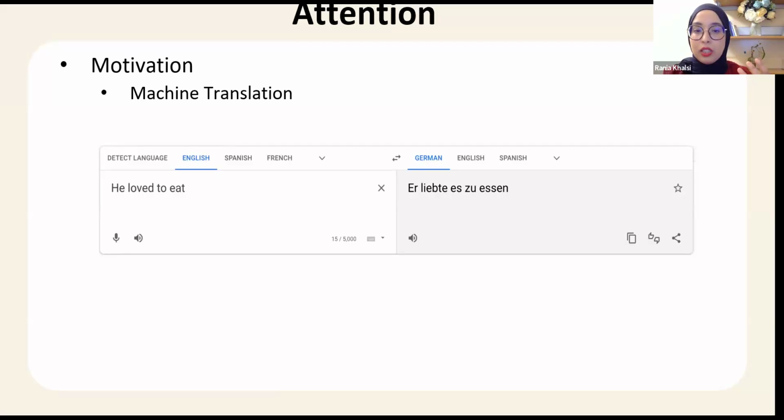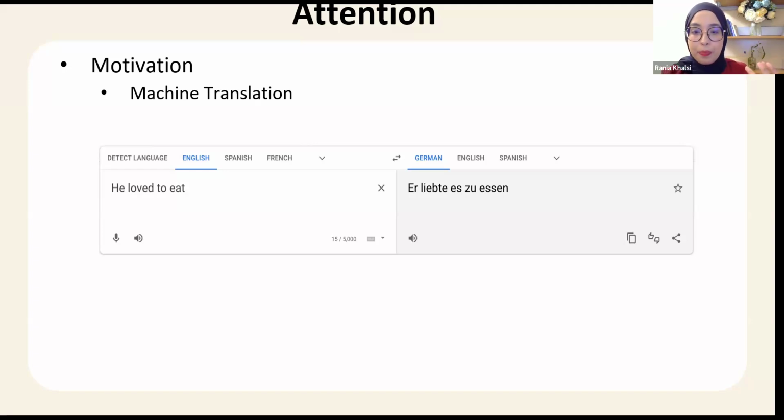In machine translation, the system must generate a sentence in another language, and there is a constraint that the model must preserve the meaning and also the structure of the original text, okay?